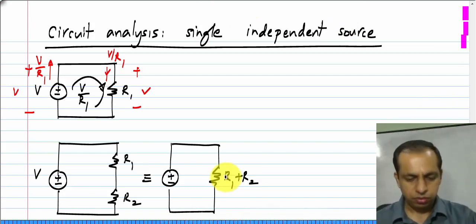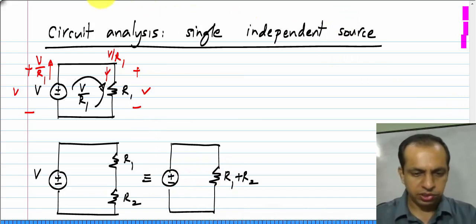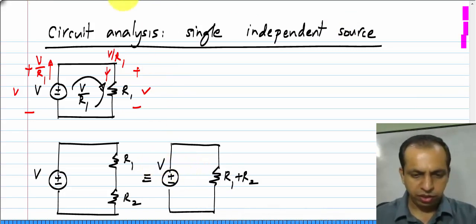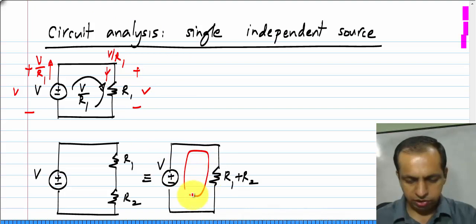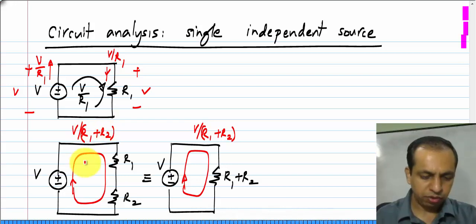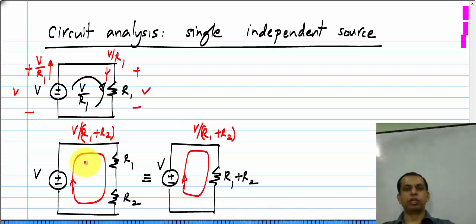Now, the current through this can be easily solved for. This voltage is V. So, the current here is V by R1 plus R2. And of course, that is the same current that is flowing in the original circuit, that is V by R1 plus R2.